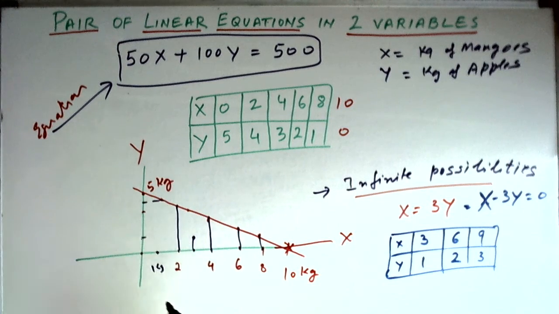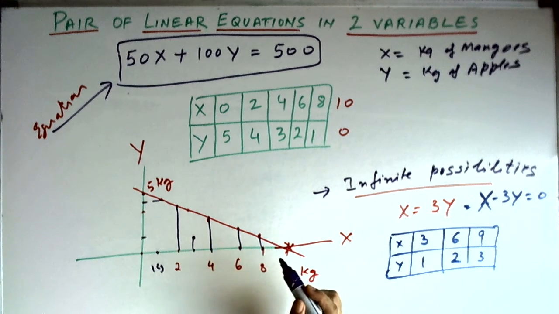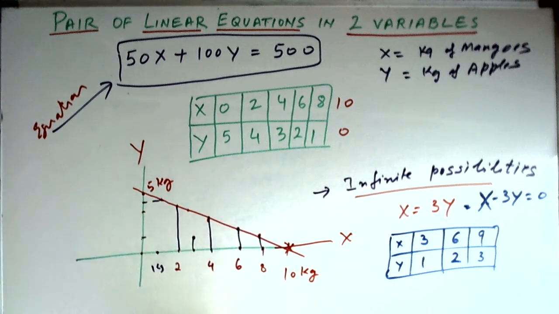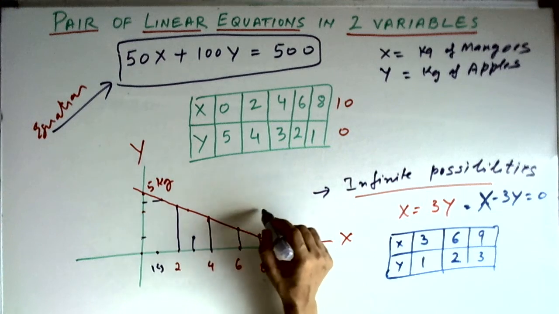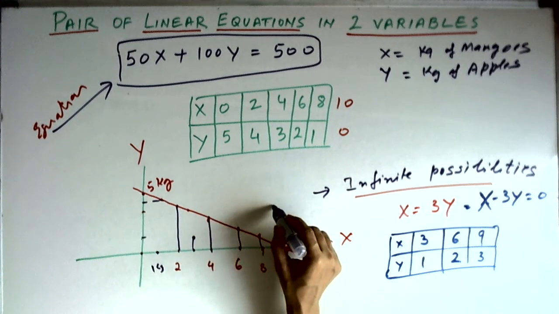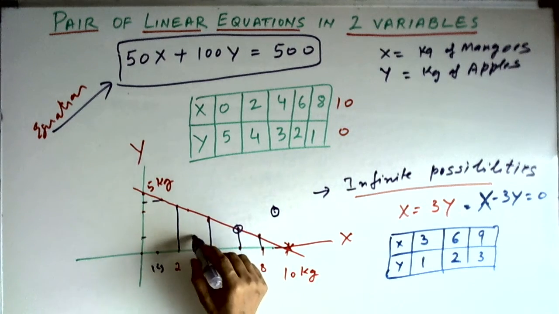So this is the first point. When x is 6, then y is 2, which is this point. And when x is 9, y is 3. So we get this point, and we get this point.